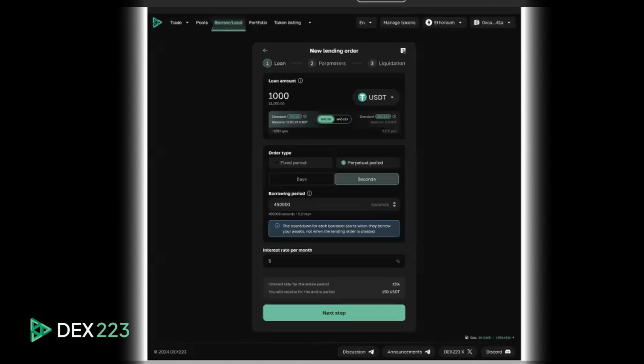So basically, if you are providing the funds on some centralized platforms, normally you don't care about what the borrower is doing with your funds, but on our platform, the lender will be able to configure some restrictions. Basically, all the restrictions that are implemented on the platform are configurable by the lender.